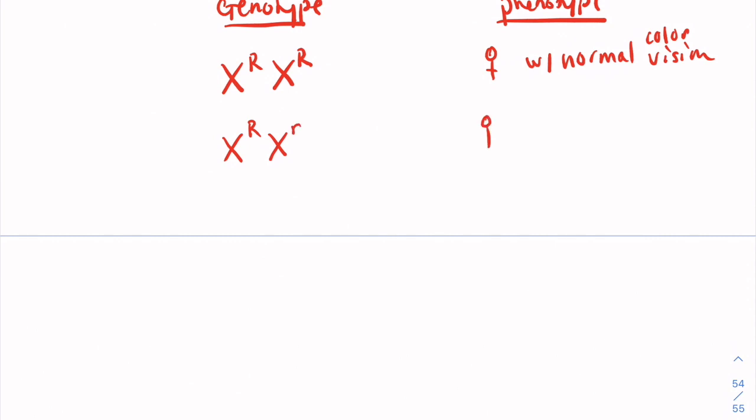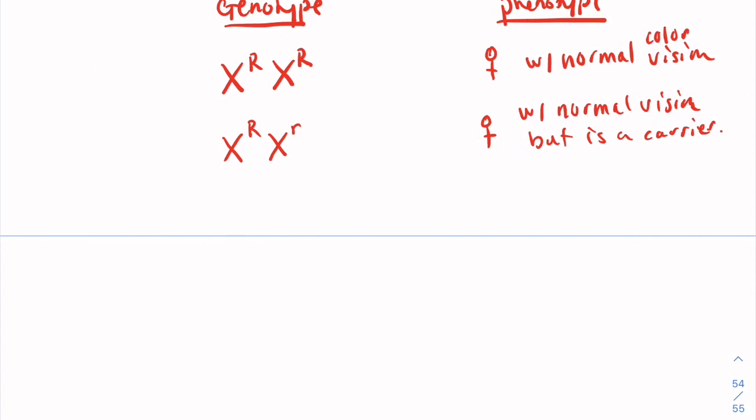So this is a female. What kind of vision does she have? She has normal vision, but she is a what? A carrier. She's a carrier.